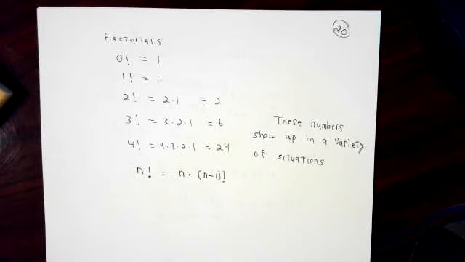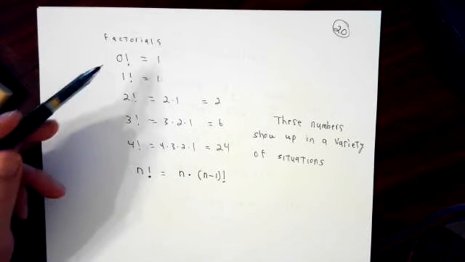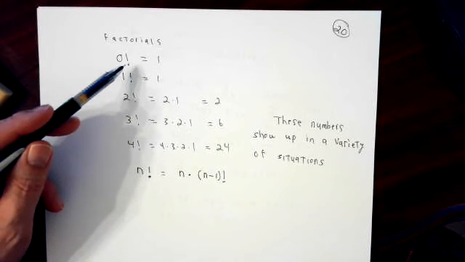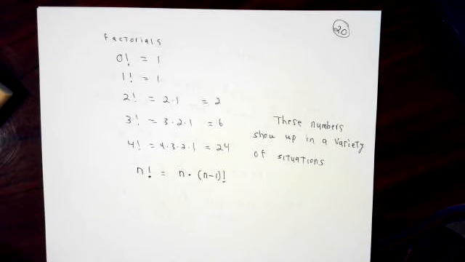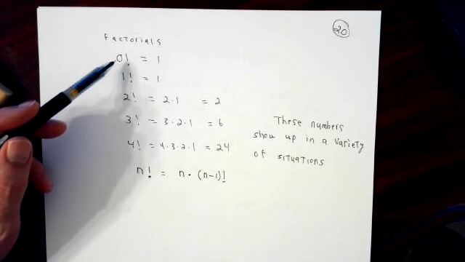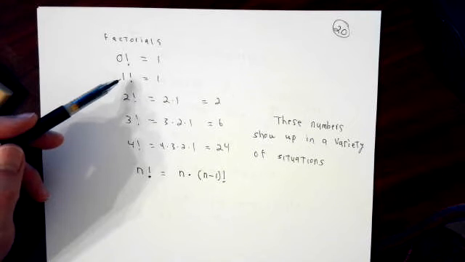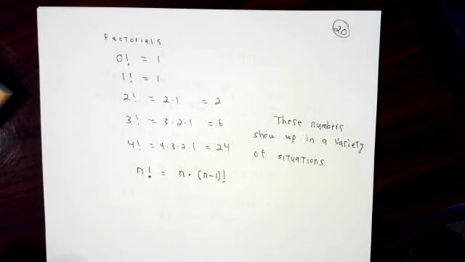At one time, I thought you pronounced these kind of things by saying 0 real loud or 3 real loud, but that's not the case. You pronounce this as 0 factorial, 1 factorial, and so on.